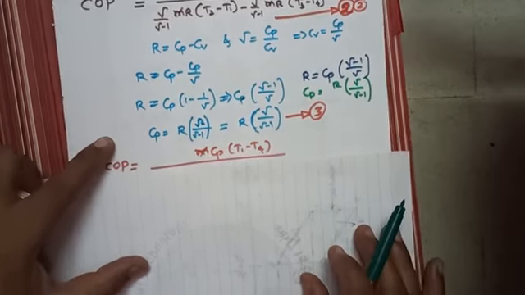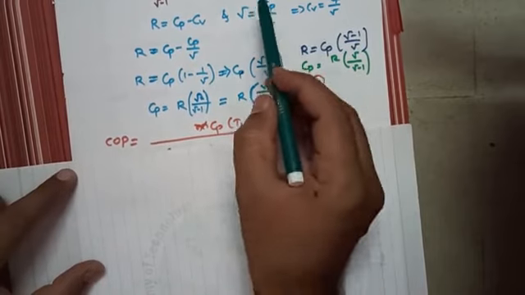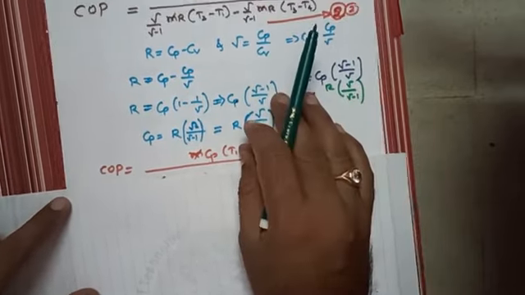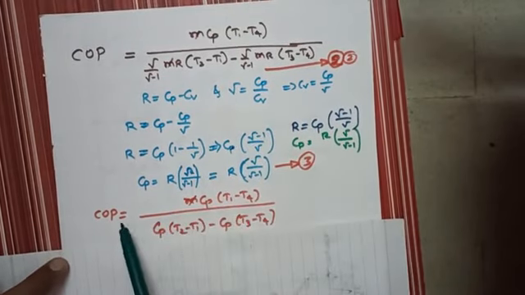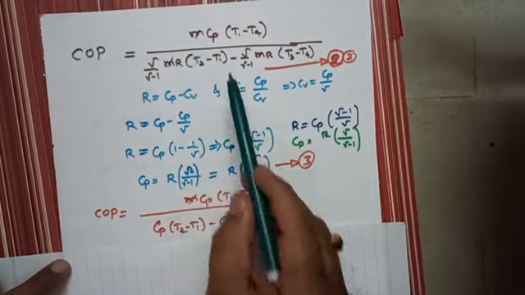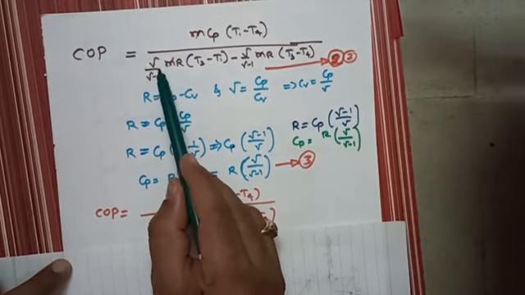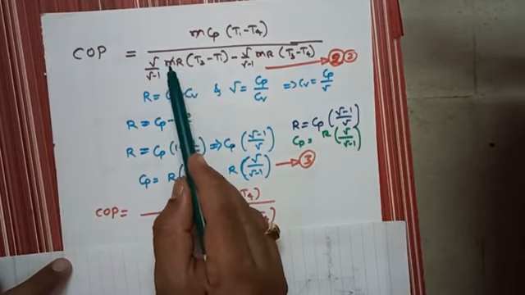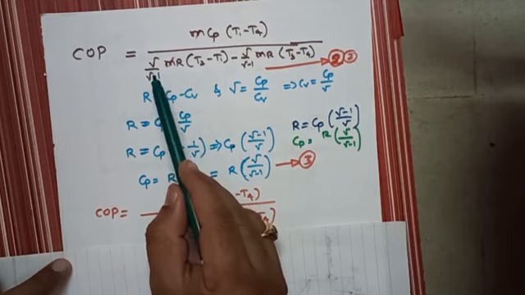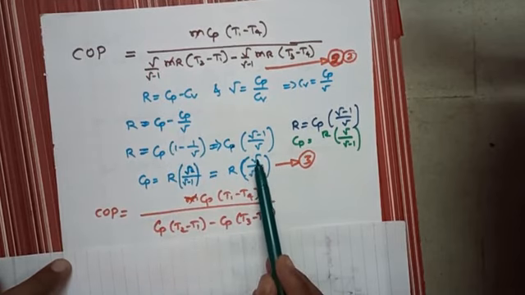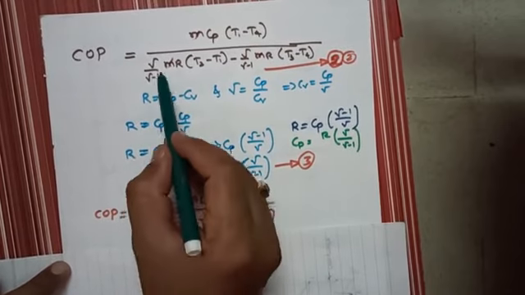So here next, COP is, from equation number 2, equal to m already cancelled, Cp as it is, (T1 minus T4). In the denominator, in place of gamma by gamma minus 1 into R, that is, gas constant R gamma divided by gamma minus 1, I will take it as Cp.